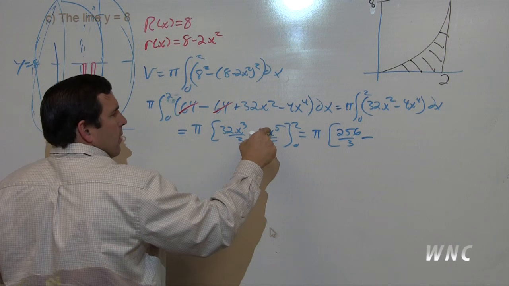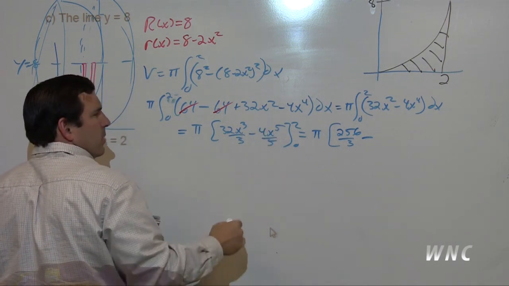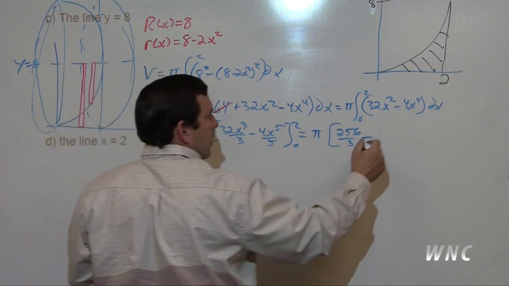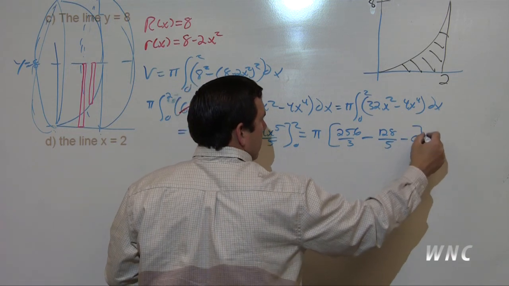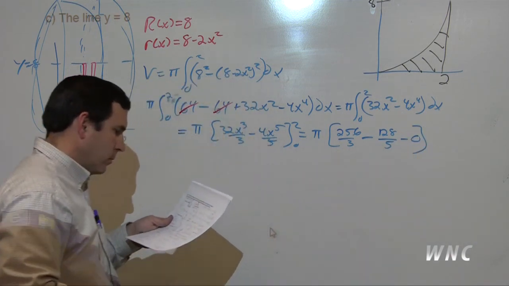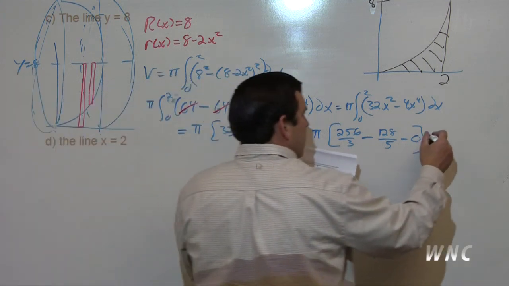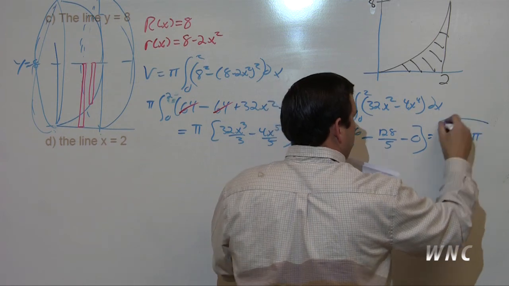Minus 32 to the fifth power, 32 to the fifth power is 32. 4 times that is 128 over 5 minus 0. And that's going to be 896 over 15 pi.